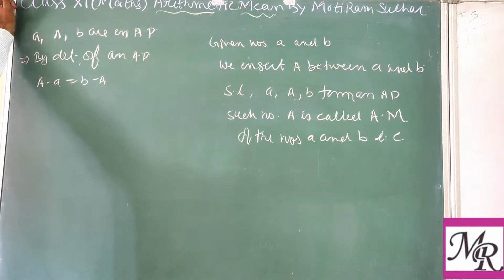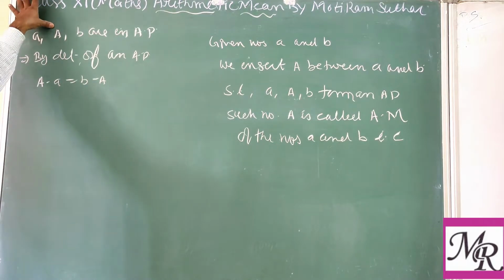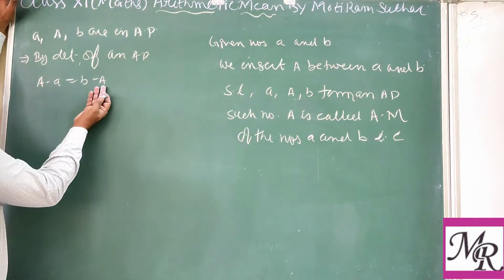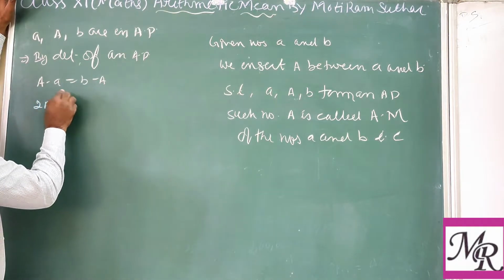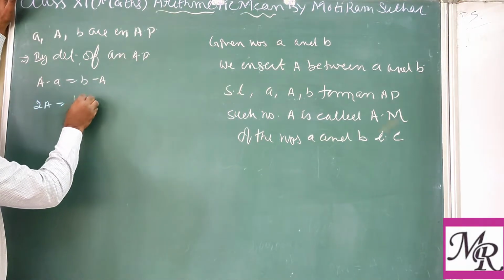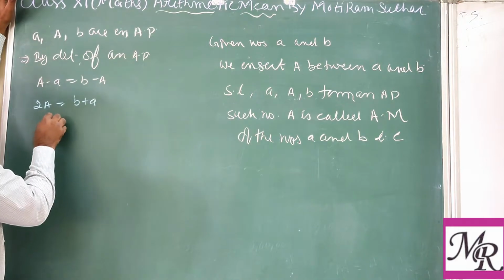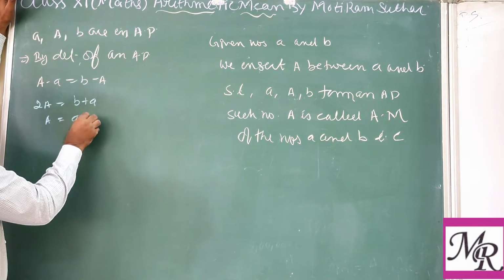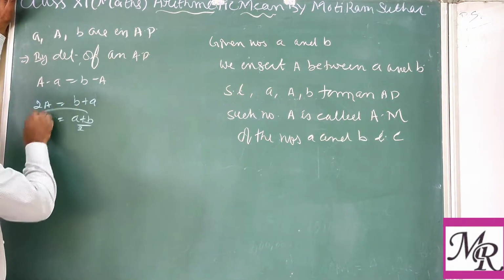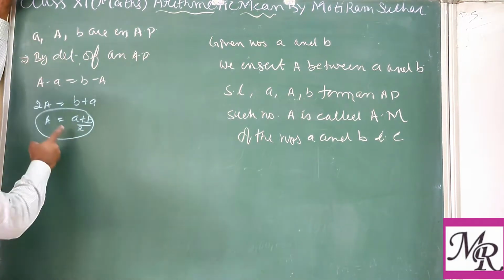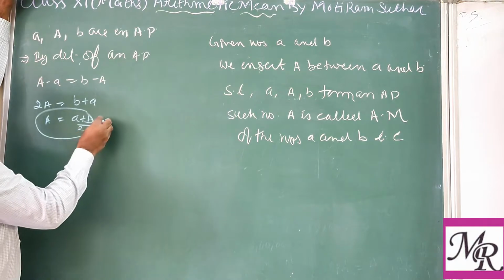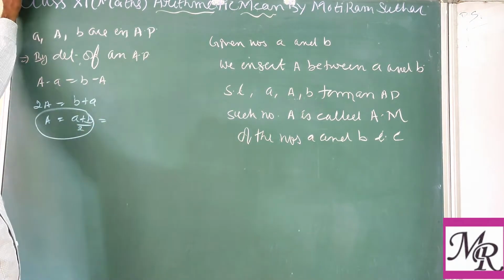Second number minus first equals third number minus second, so A minus a equals b minus A. Capital A transfers to this side, so A plus A, 2A. Small a transfers to this side, b plus a. So from this we can say the value of capital A is equal to a plus b by 2, which is also called the average.